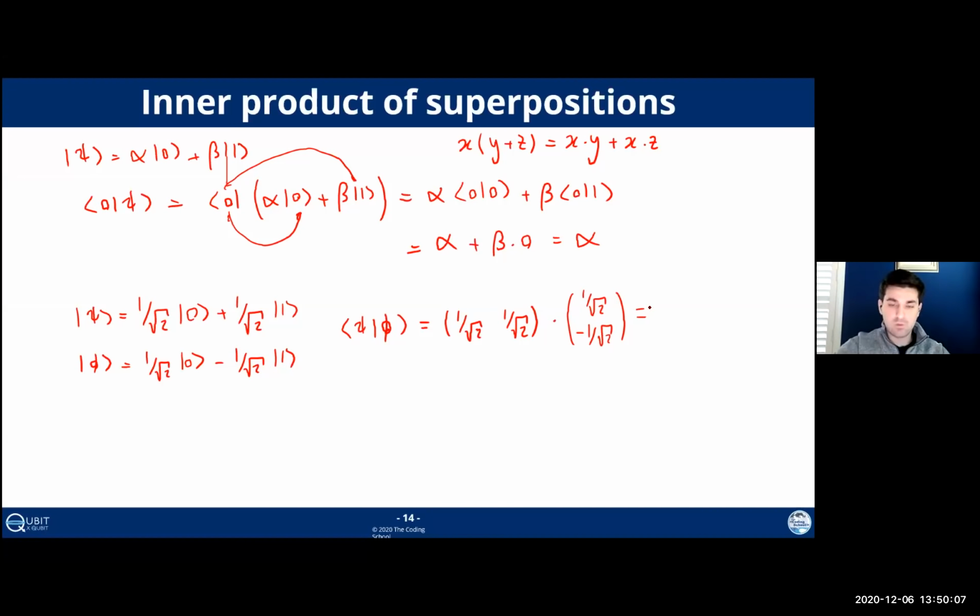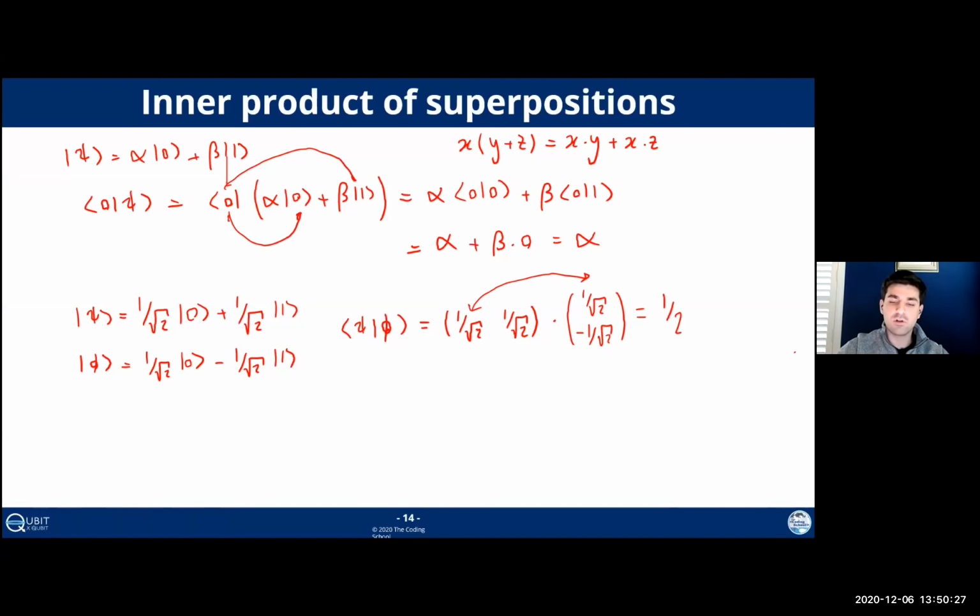And yeah, same as before, it's the same idea. So over here, I multiply the first entries together, and I get 1 divided by square root of 2 times 1 divided by square root of 2, which is 1/2 here.